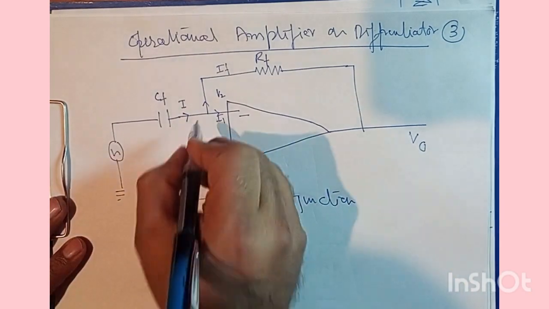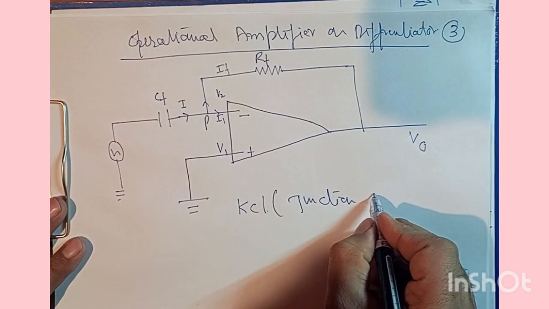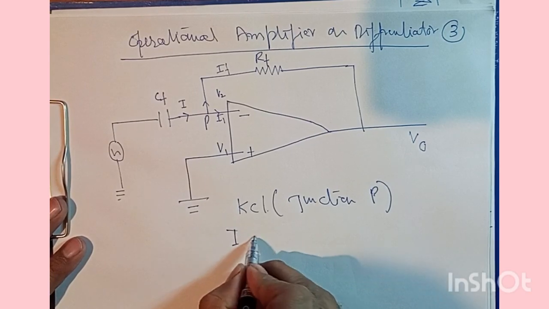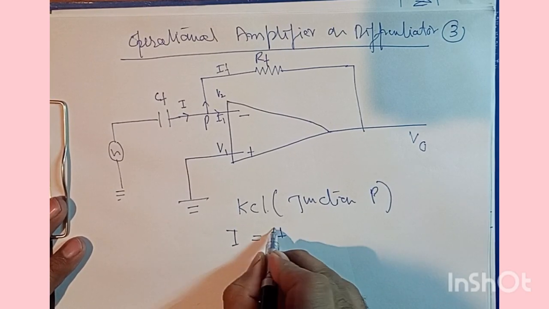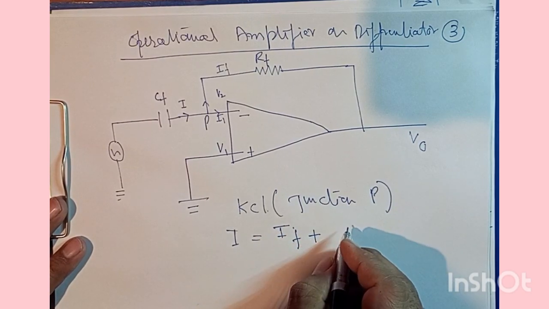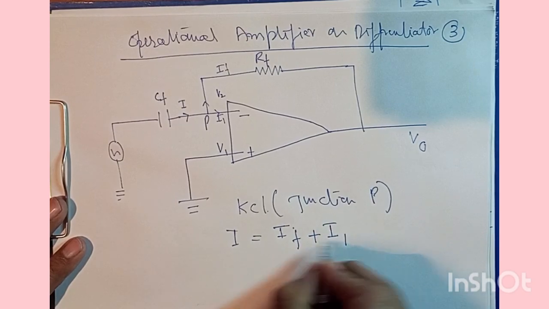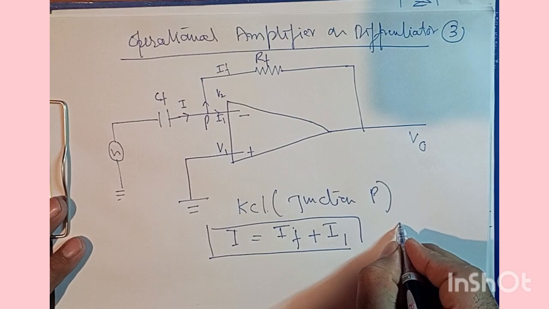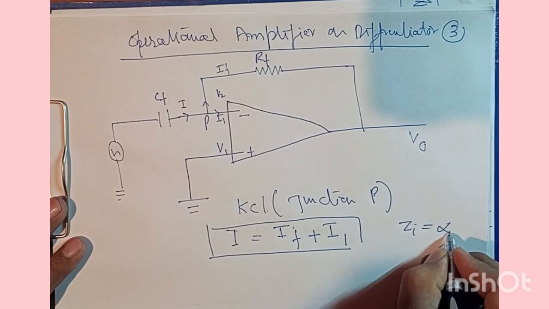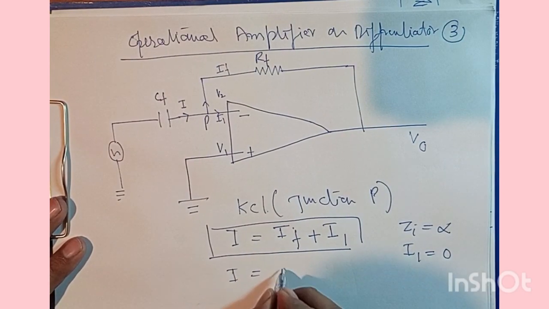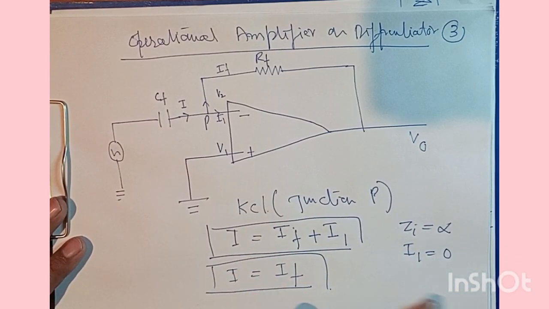Now this junction is junction P. So what we are going to get is I is IF plus I1. That should be the case. And we understand that Zi is infinite, so I1 is 0, so I will be equal to IF. Right? I think it's clear up to this point.